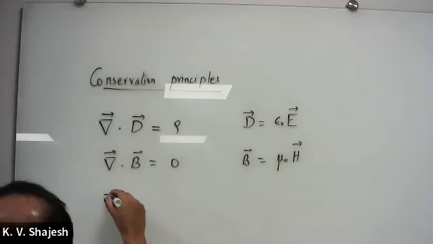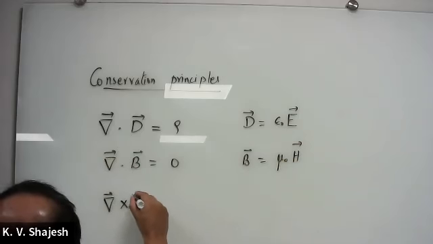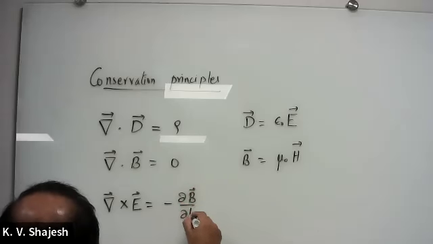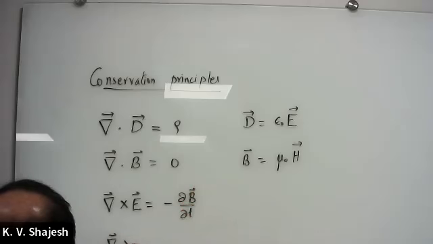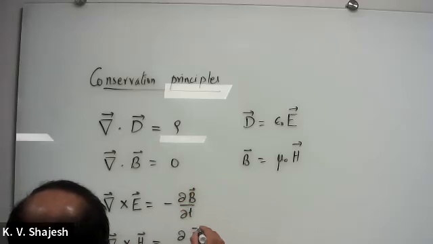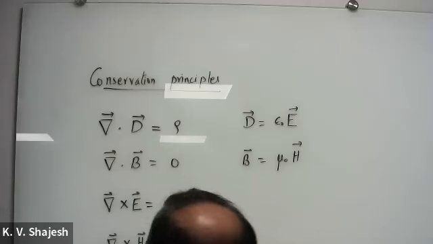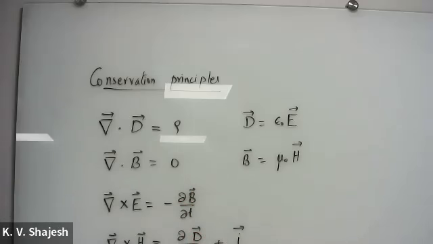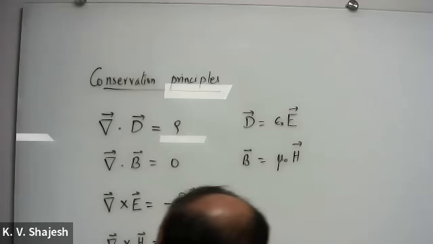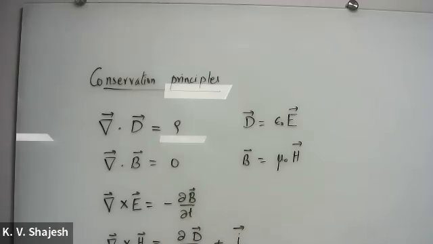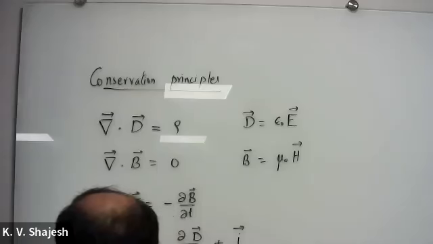So this is del cross E equal to minus time derivative of B with respect to t, and del cross H is equal to time derivative of D plus J, the current. That's your Maxwell's equations, and just based on this, one can manipulate these equations and conclude a few more equations.